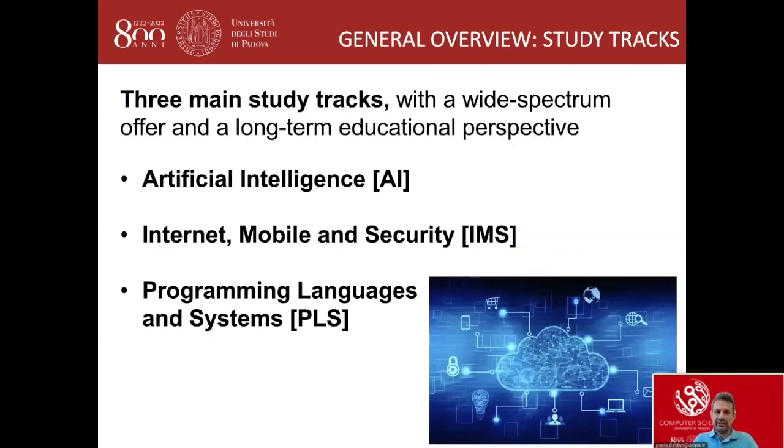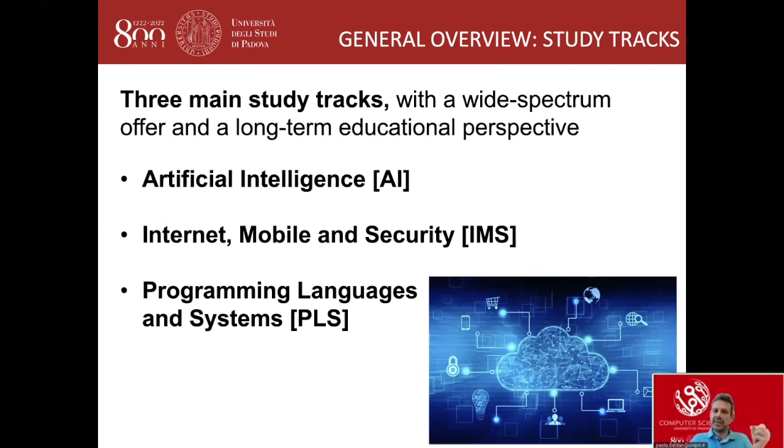At the very general level, just to give you an overview, our master's degree is organized in three main study tracks, which are characterized by a wide spectrum offer and a long-term educational perspective. By this, I mean that there is a wide offer. You will see there are a lot of courses, and courses are not focused on the details of the latest technological product, but rather they aim to provide you with the basic principles which allow you to keep up to date along your career.